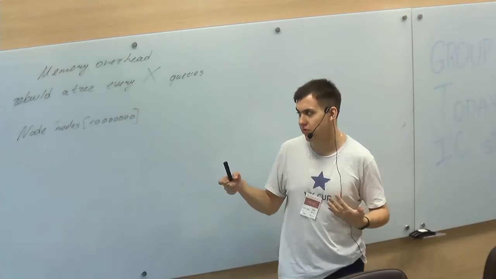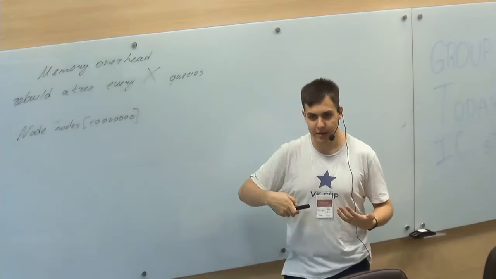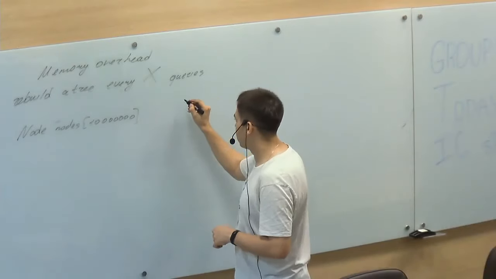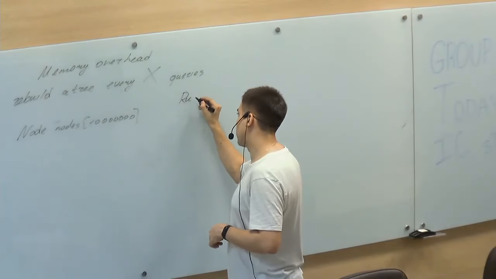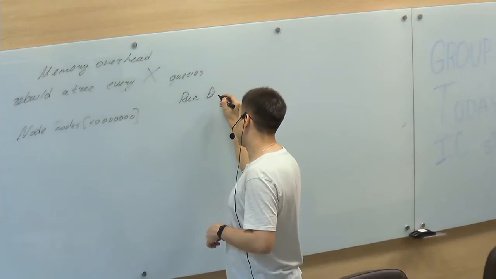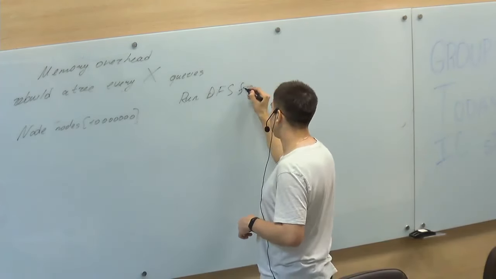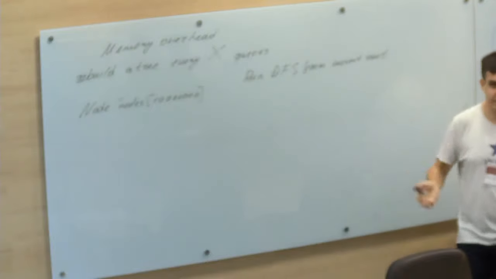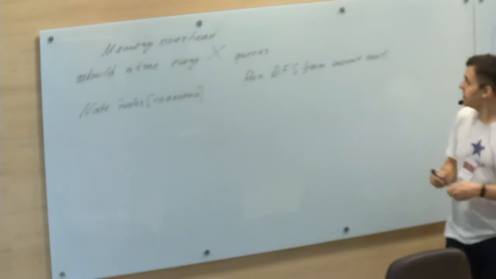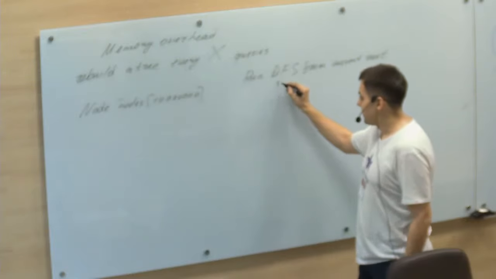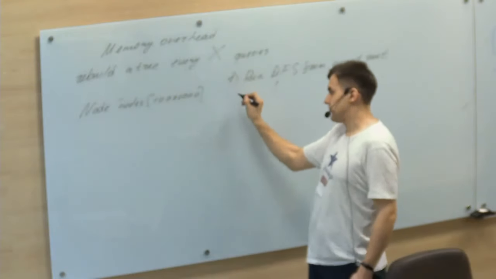To free this memory, you need to run DFS from the current root. Since we're storing a sequence, we get an array of length n. That's the first part.